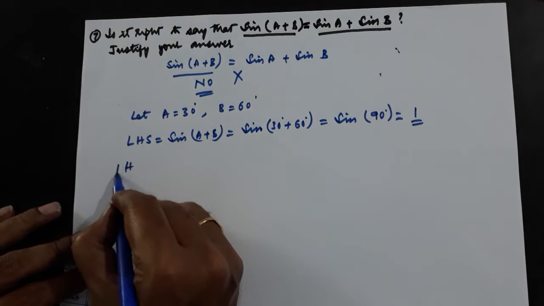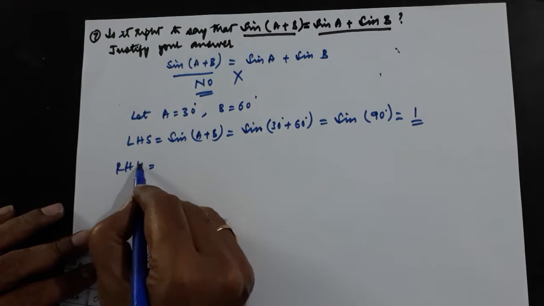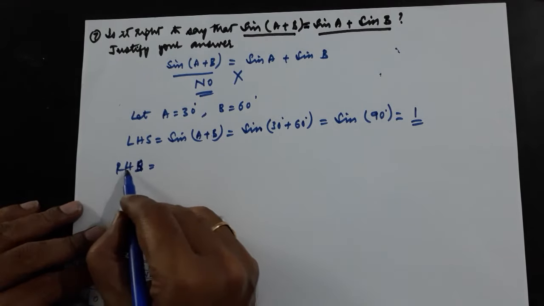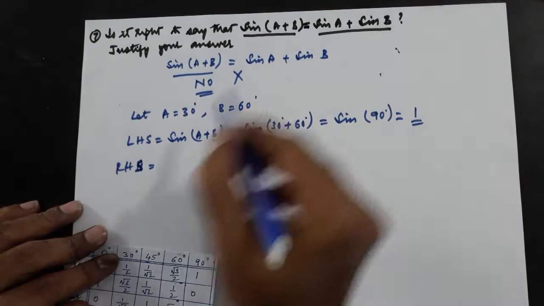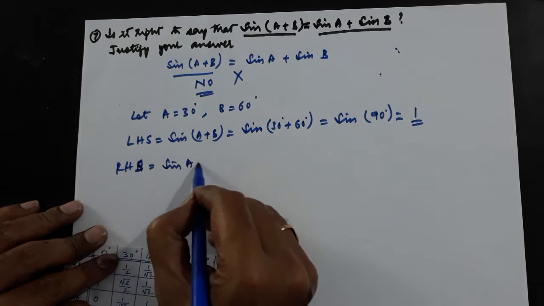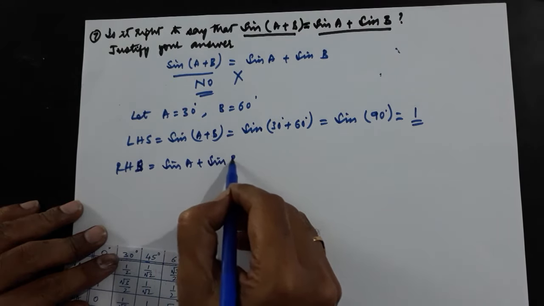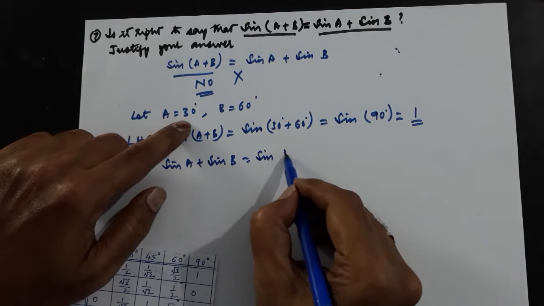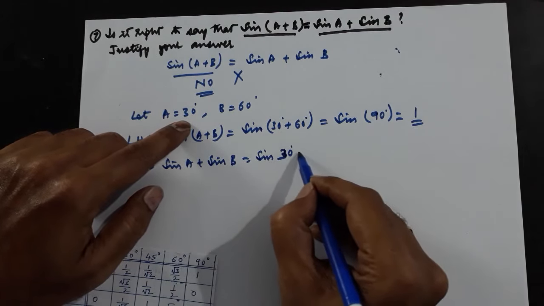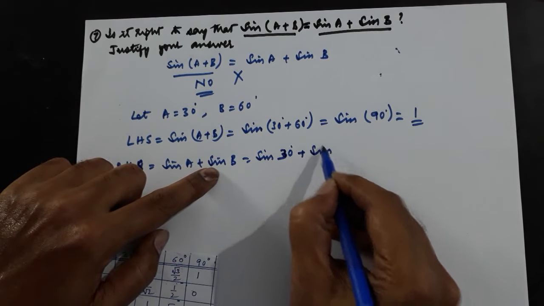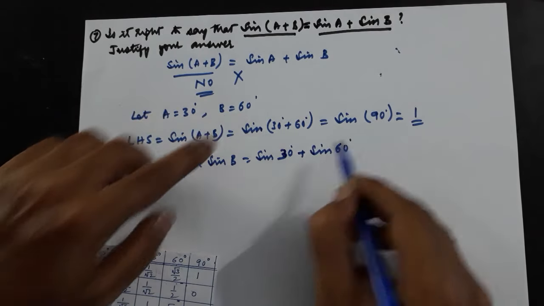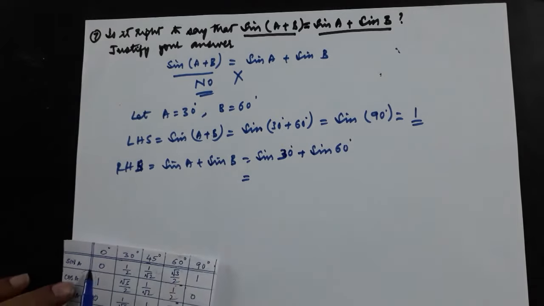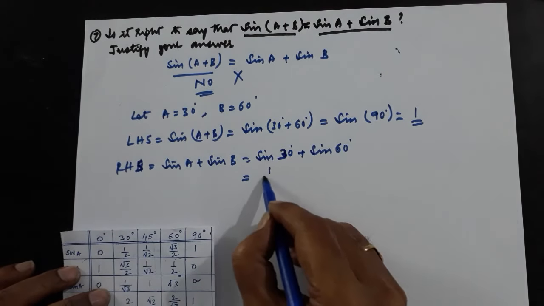We'll do the RHS, right hand side: sin a + sin b. What is sin a? Sin 30 degrees, plus sin b, sin 60 degrees. Sin 30 is 1 by 2.